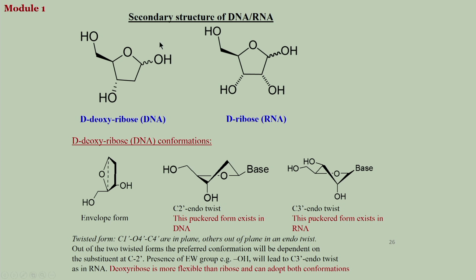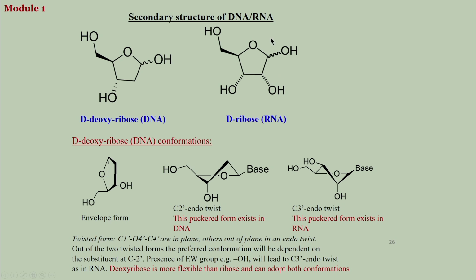This is a pure deoxyribose sugar, which is present in DNA, with the OH down the plane and the 5 prime CH2OH up the plane. If you consider RNA, RNA is D-ribose sugar, where at the 2 prime position you have another hydroxyl group down the plane.